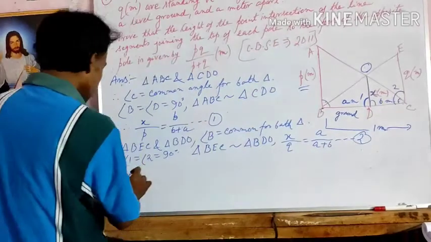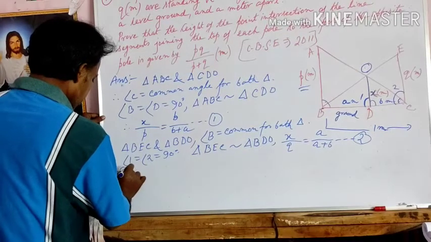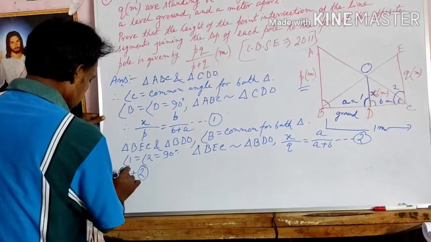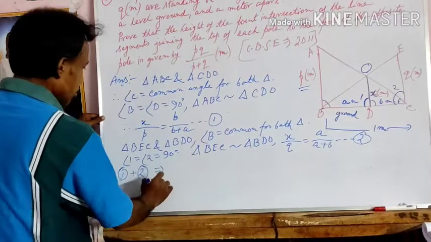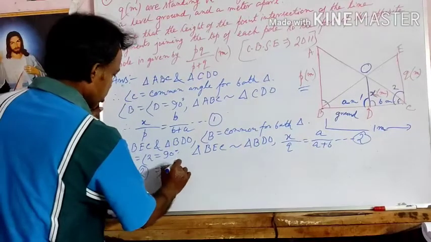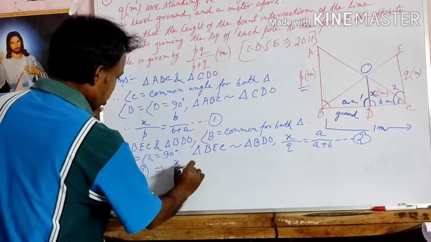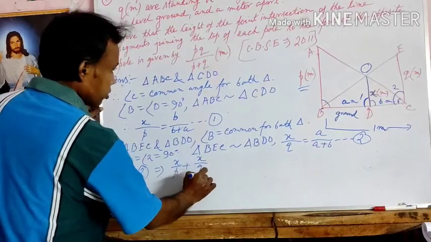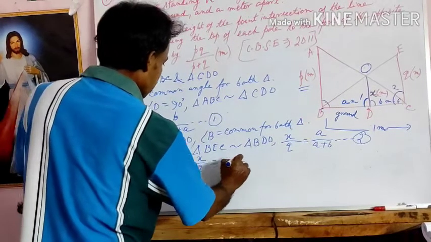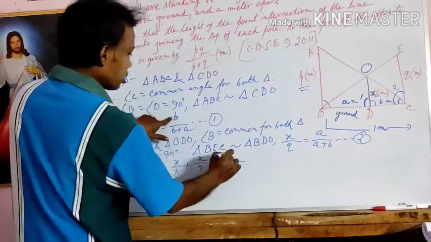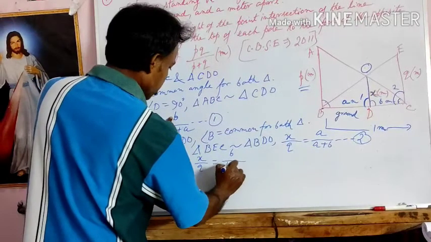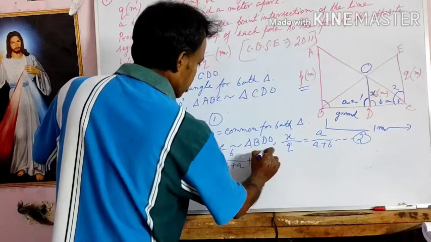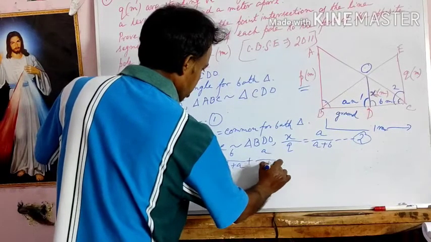Now add equations 1 and 2. Equation 1 plus 2, we will get the left-hand side x by P plus x by Q, equal to the right-hand side b by b plus a plus a by a plus b.